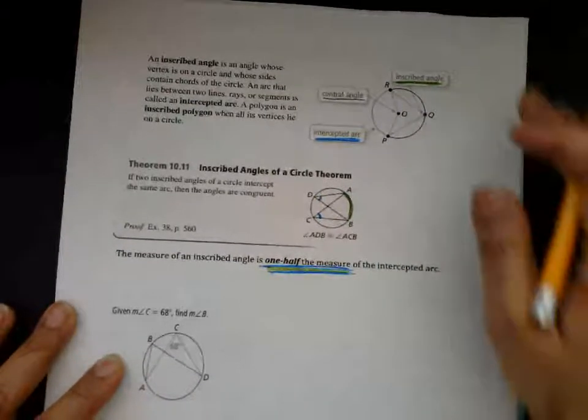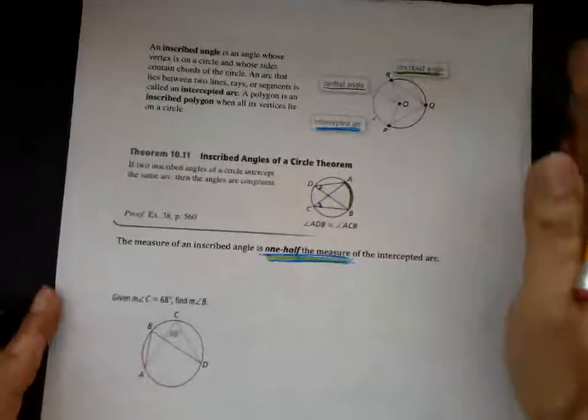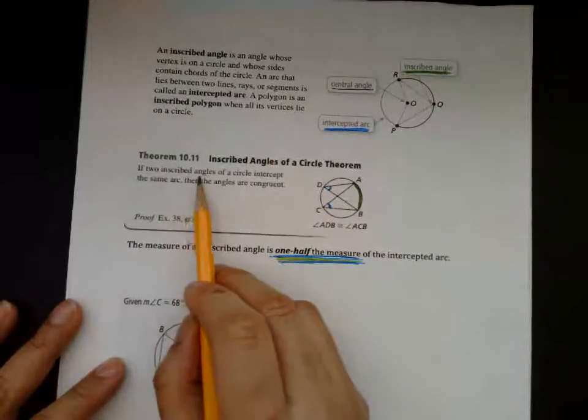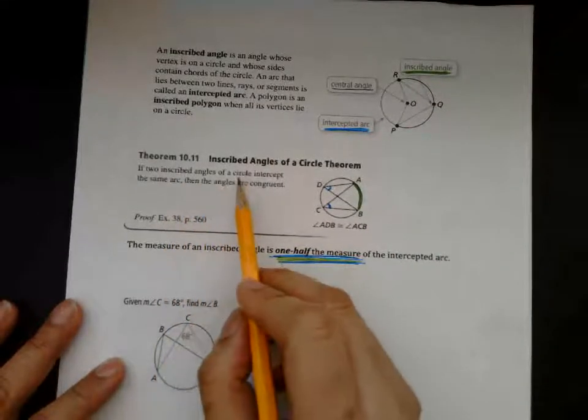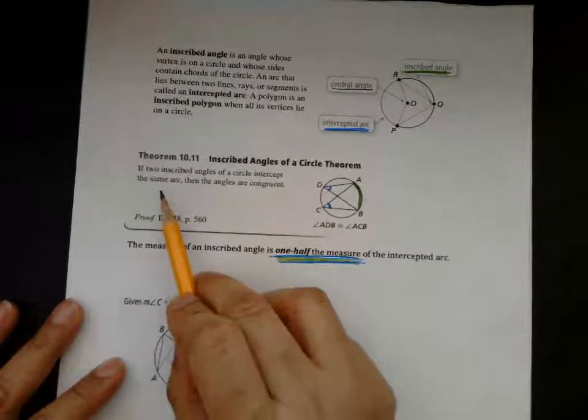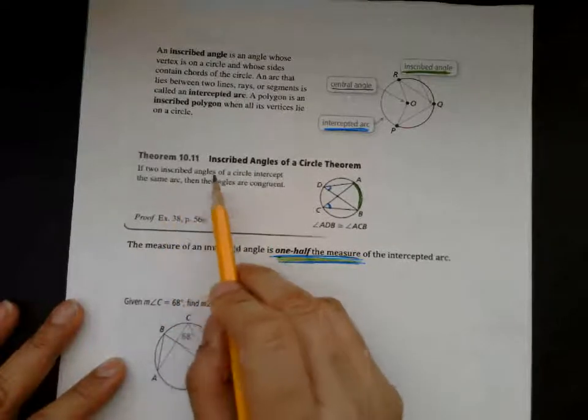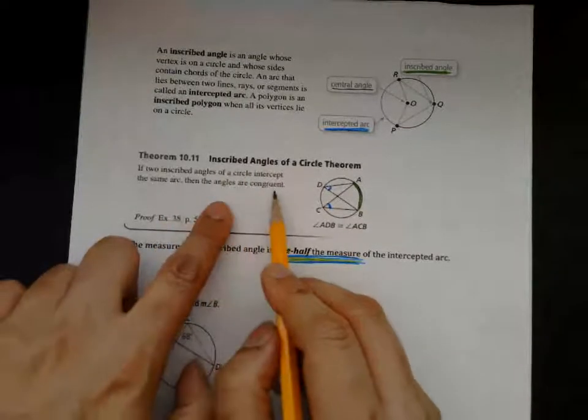Now, the inscribed angle of a circle theorem says: if two inscribed angles of a circle intercept the same arc, that means they form the same arc, then the angles are congruent.